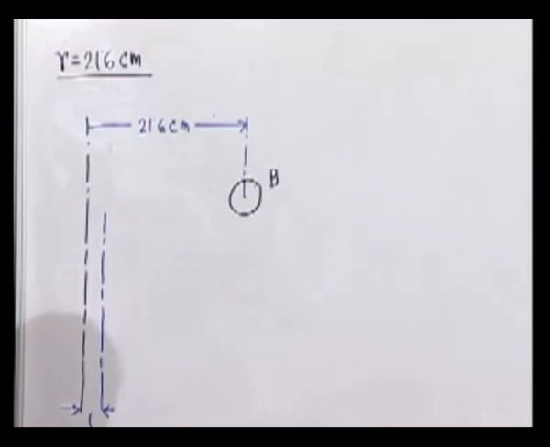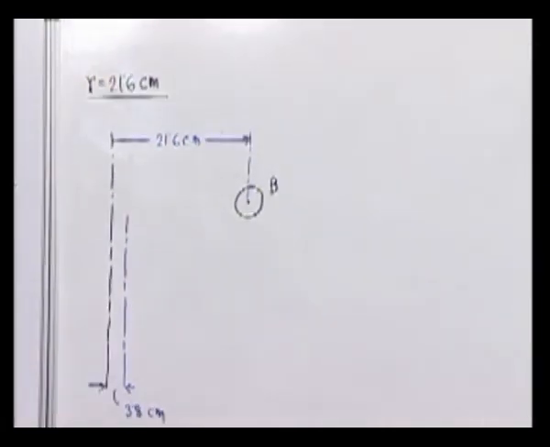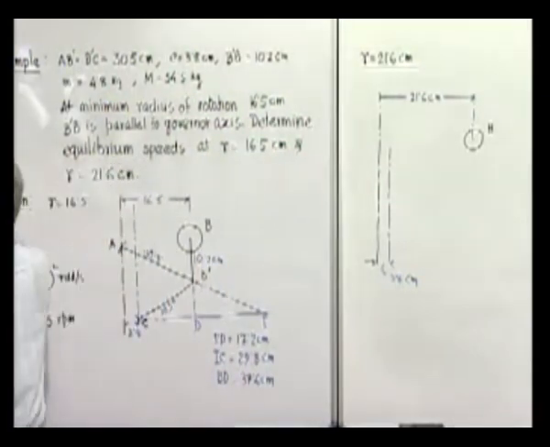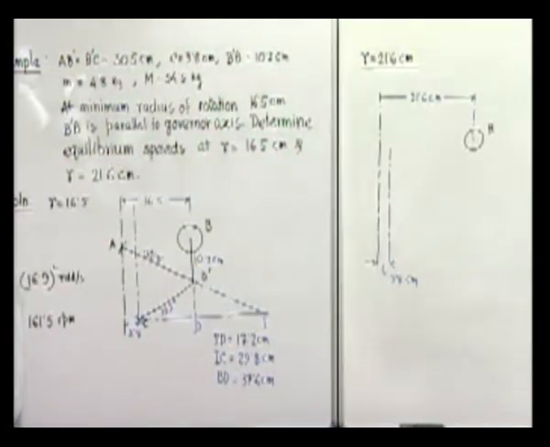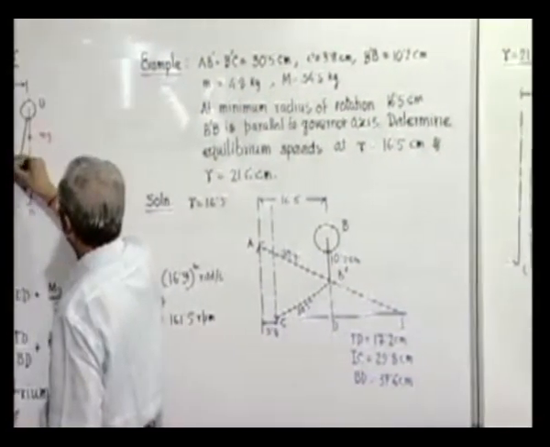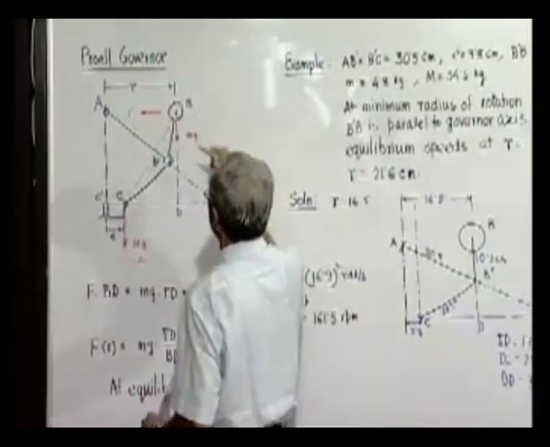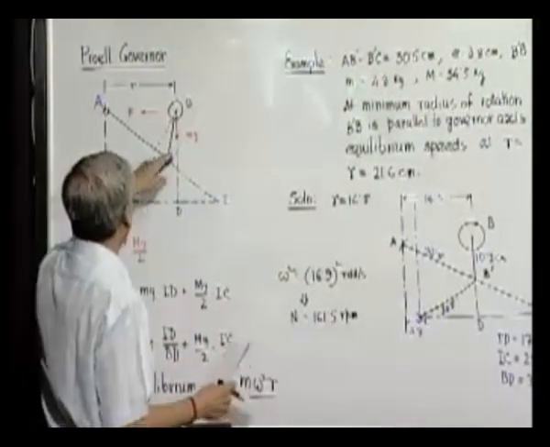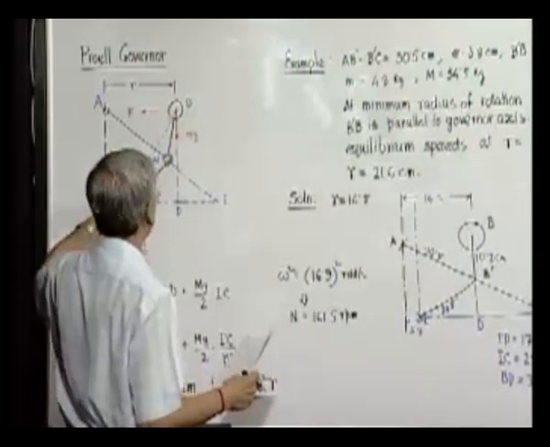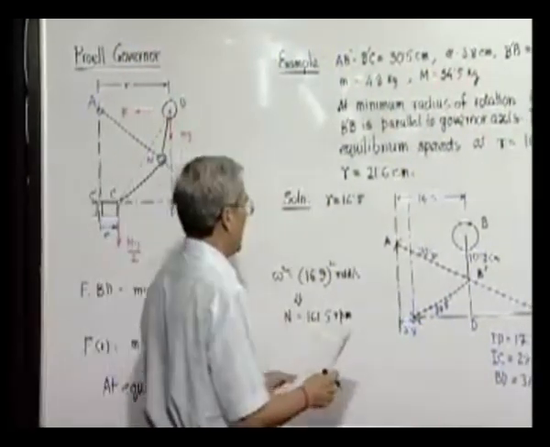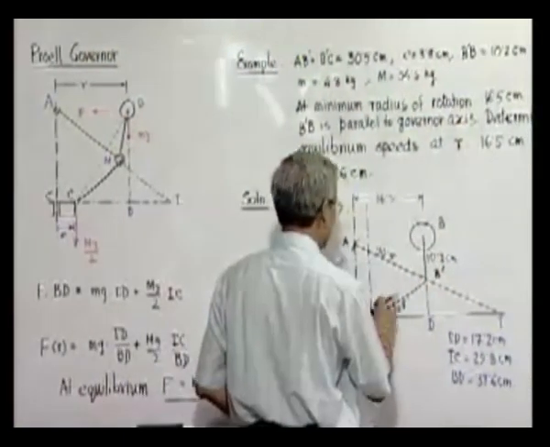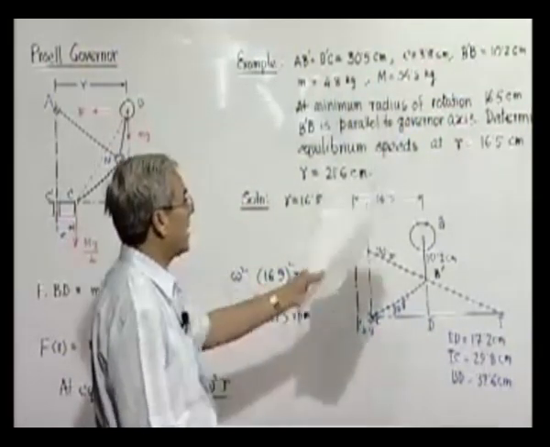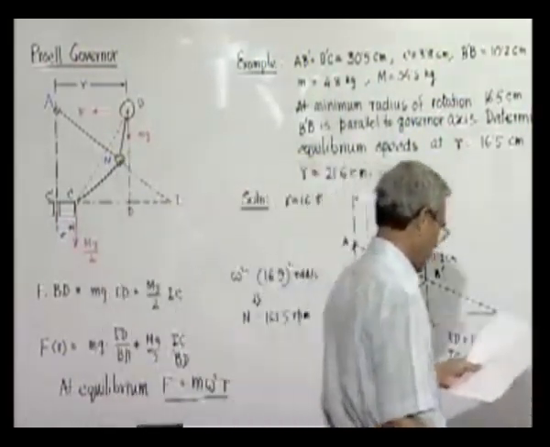Now one thing we should notice, that in Proell governor this is one rigid link. So therefore this distance BC also remains constant. This angle cannot change, it is one rigid link, and we have already found out this distance BC from the first drawing, which is going to be the same for each case.